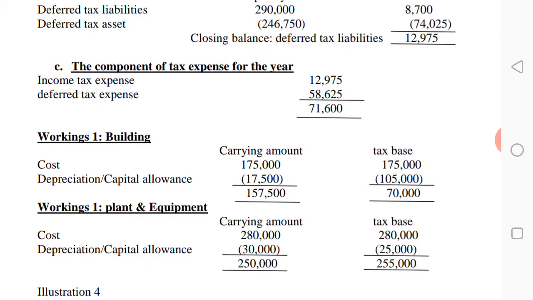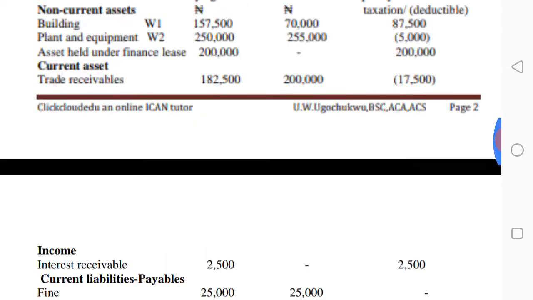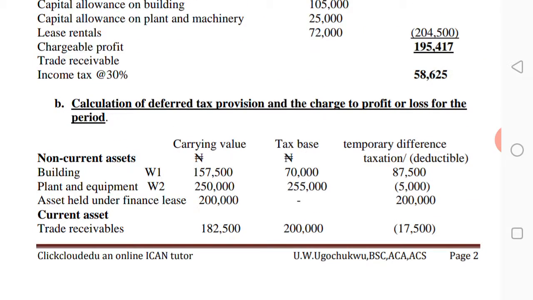When you add back your depreciation to your current amount, you get the cost, which is 250 plus 30,000, so we have 280. Then you less our capital allowance, which is 25,000. We now have 255,000 naira. So the difference is 5 million naira, where the tax base is higher than the carrying amount, which will warrant a deductible temporary difference, the same thing as your deferred tax asset.